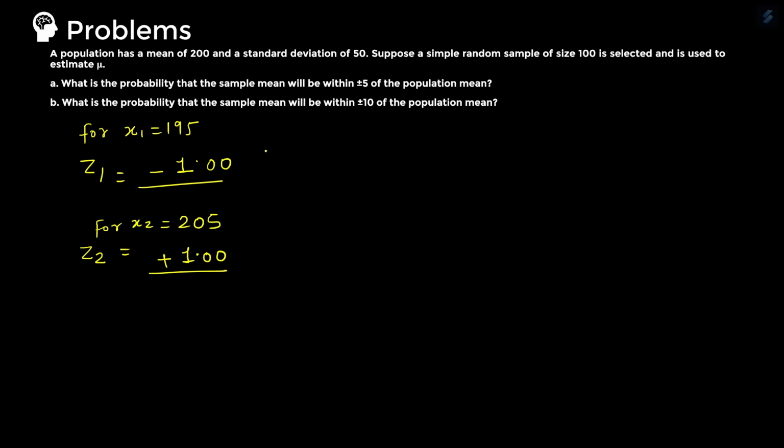Now we learned in chapter 6, we use z-score to determine the probability. When we go and check the z table, which is given in your book, we will do it similarly over here.